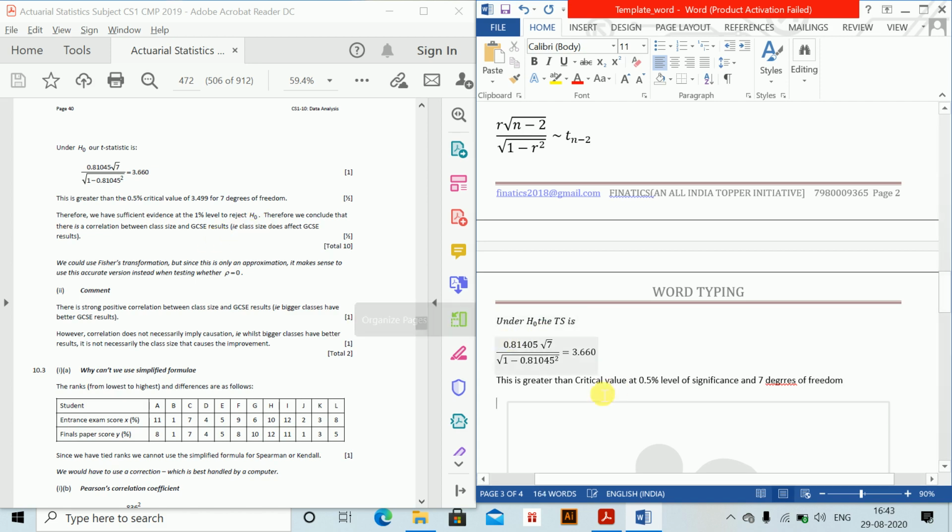Okay, there is sufficient evidence to reject H0 at 1% level of significance. And in the comment portion, I'm not writing the comments. It is sheer theory, so this is normal typing.